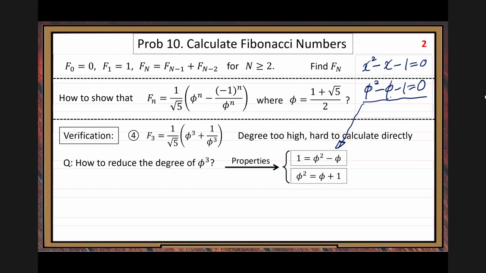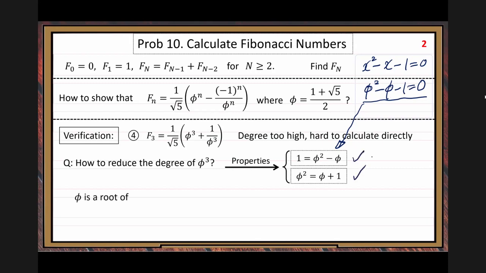So these 2 properties can help us reduce the degree of phi cube in calculation. Now let me show you how to bring down the degree by applying these 2 properties.